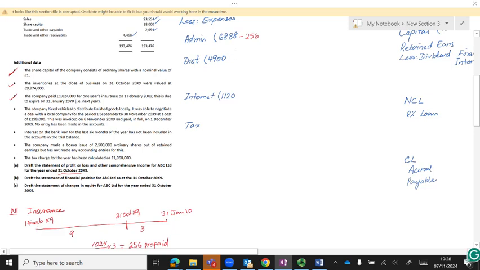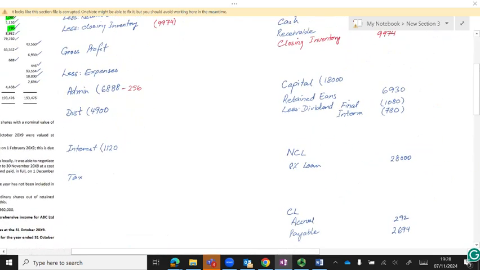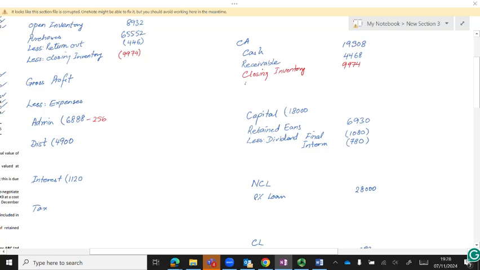Out of that, 256 belongs to the next period, so we need to subtract it from the administration expenses. At the same time, we need to record it as prepaid insurance, £256, because a prepayment is an asset.